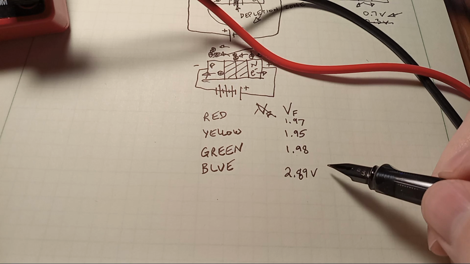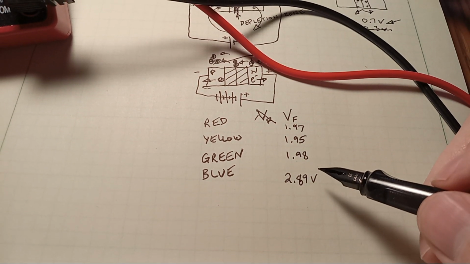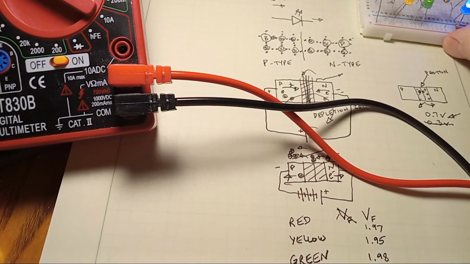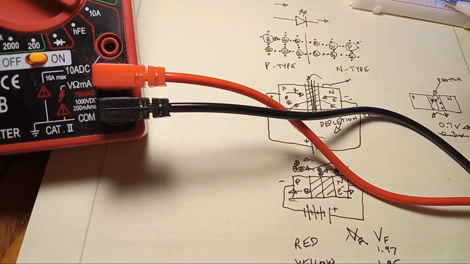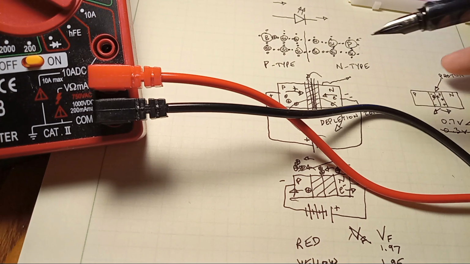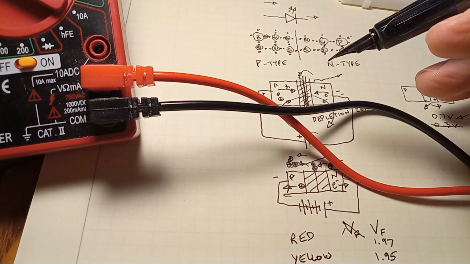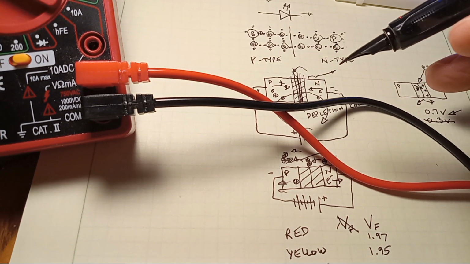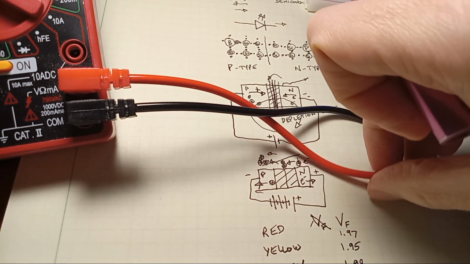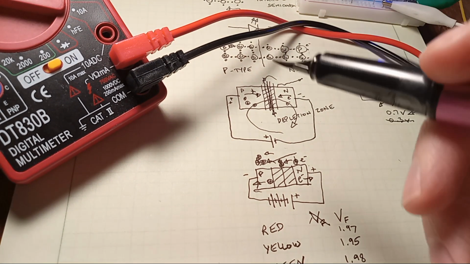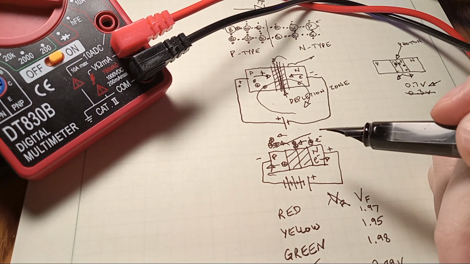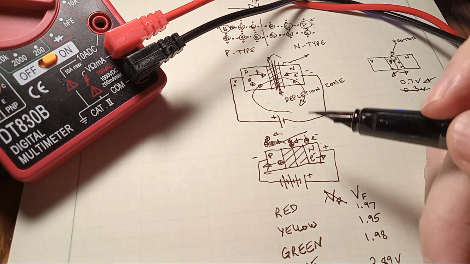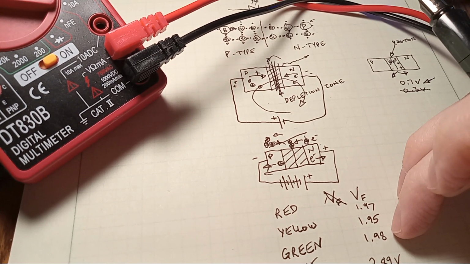The reason for this positive trend is the semiconductor band gap voltage. Looking back to our p-n diode, this gets rather involved. Different LEDs are made with different materials.